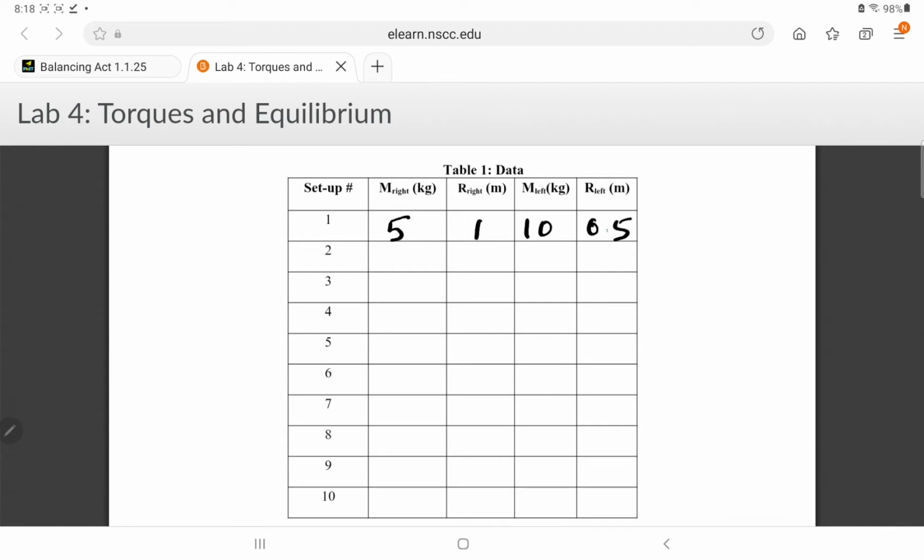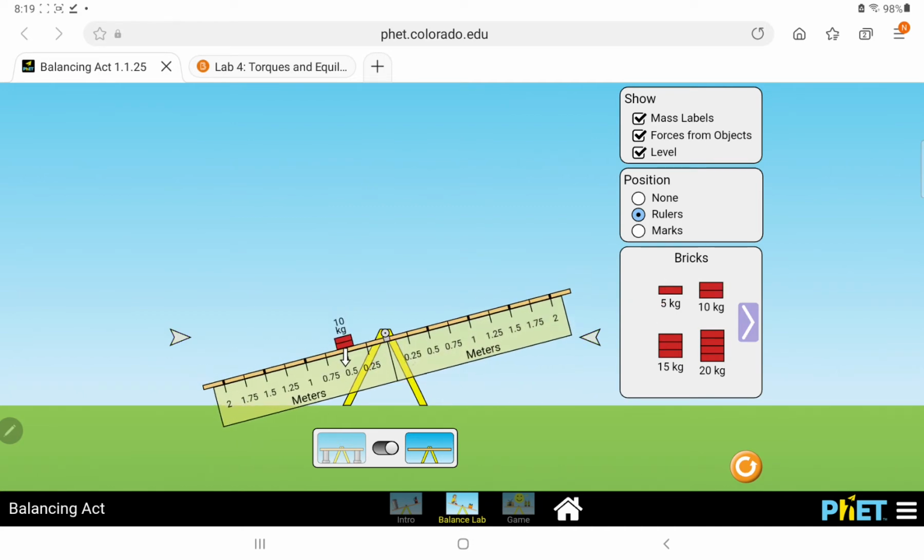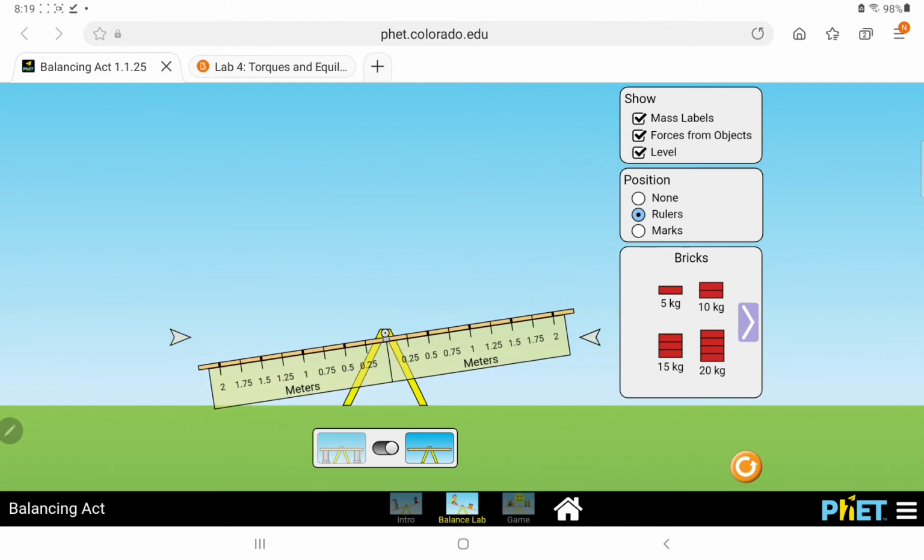Now let's repeat the experiment with different masses, so that for every mass the equilibrium condition is satisfied. To check that, let me go back to the experiment window.